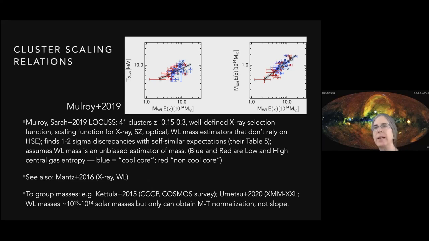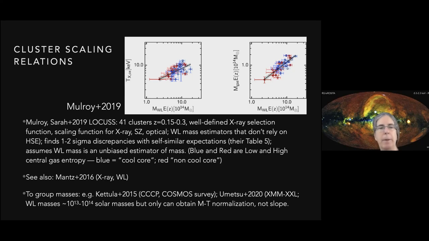And here's an example of a very nice paper written by Sarah Mulroy for the LoCuSS analysis. It's based on 41 clusters between a redshift of 0.15 and 0.3. This work is notable because there's a very well-defined X-ray selection function that they take into account, and they derive scaling relations with a very rich ancillary data set.